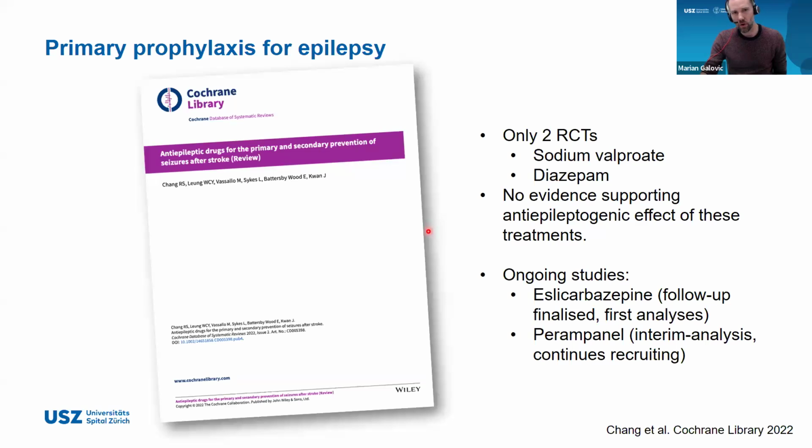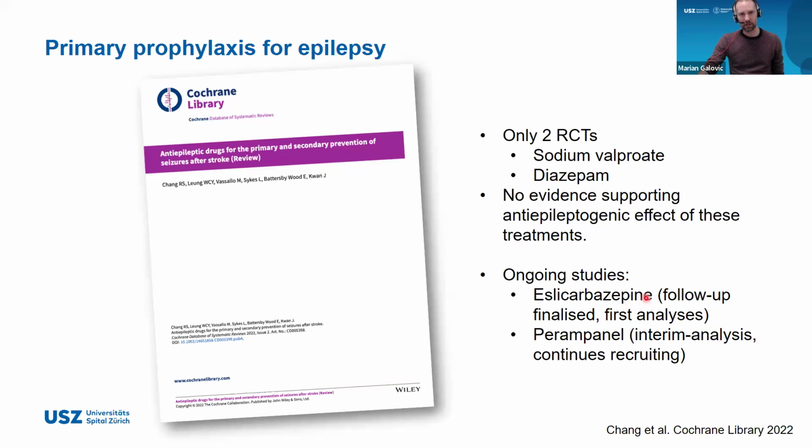Now, there are two ongoing studies, one a European study, which is assessing eslicarbazepine, and an Australian study that is assessing propranolol, that have been using models like the SELECT score to recruit an enriched population of patients, patients that are at high risk of developing post-stroke epilepsy, and they performed an anti-epileptic treatment trial in these cases.